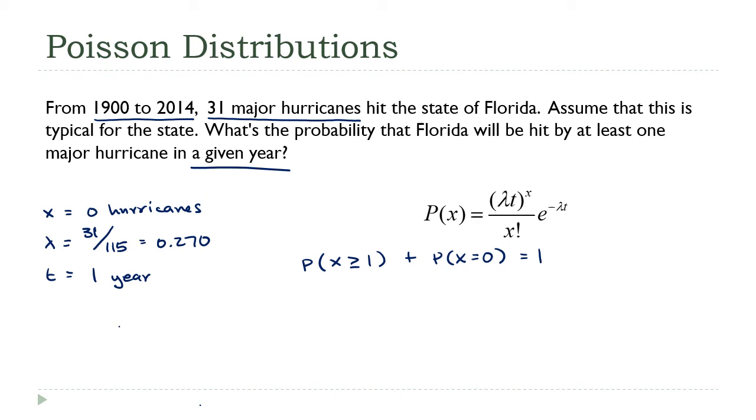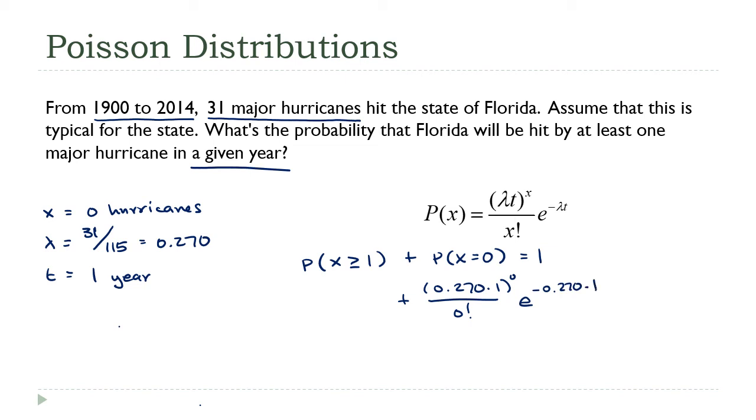Now I'm going to go to my formula. This is 0.270 times 1 to the 0 power divided by 0 factorial, e to the negative 0.270 times 1. And this actually comes out nice.